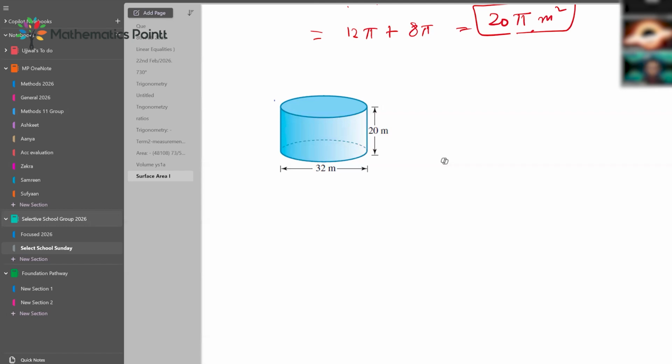Give me the answer in pi, that's fine. I'm calculating it myself. Don't forget to add the units, please. If you're giving me an answer, give it in units.